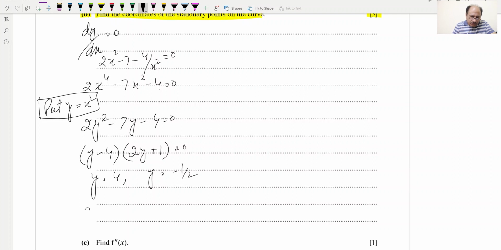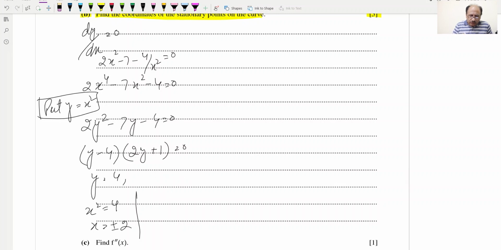So y is x squared, so we can write x squared is equal to 4, x will be equal to plus minus 2. And similarly, y is equal to minus 1 by 2.